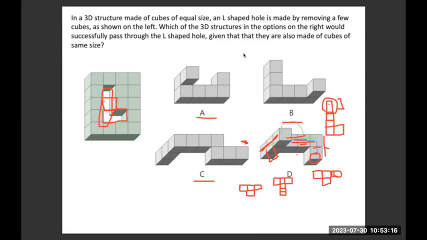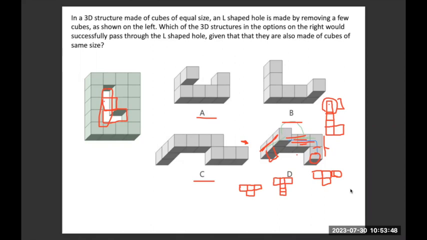In this case it's possible because the only thing we are asked is that you have to successfully pass through it, nothing else. In this kind of question, or any question which has a trick or some kind of loophole, you have to find the loophole and make use of it to your advantage to find the answer.